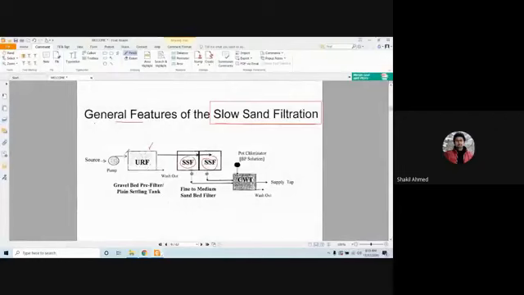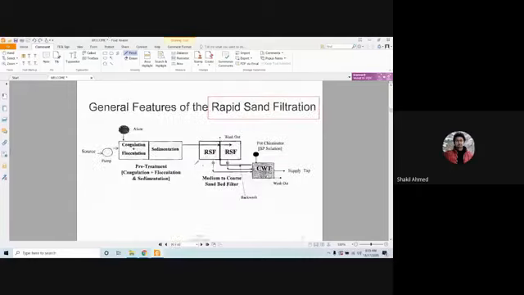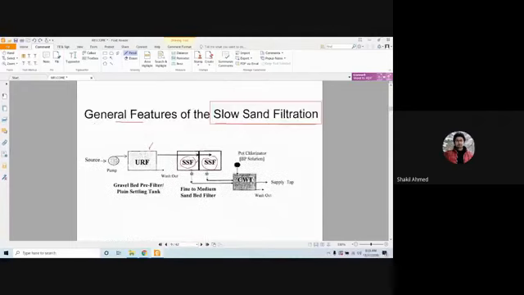And why are you not directly giving it into the slow sand filter? Because before putting it directly into the filter, we are making some pre-treatment so that this filter does not get clogged very soon.